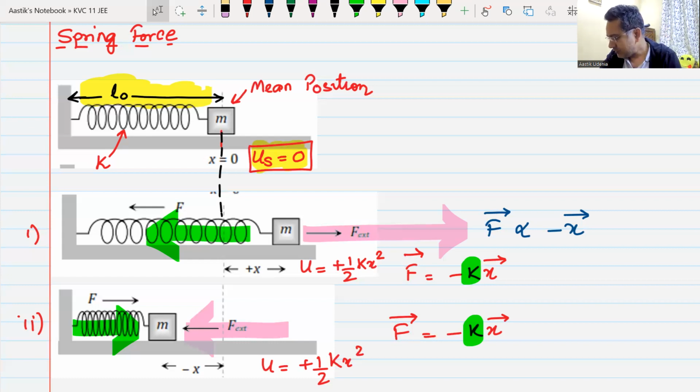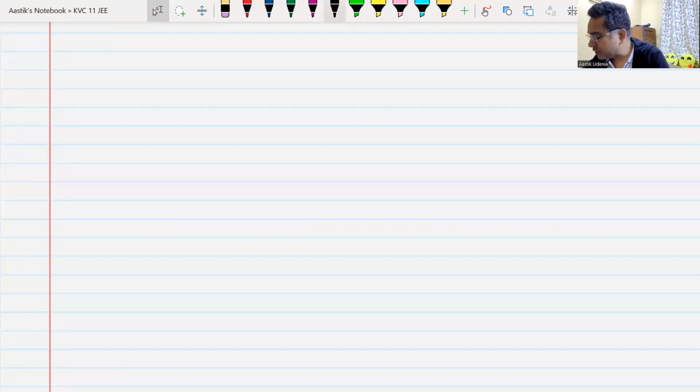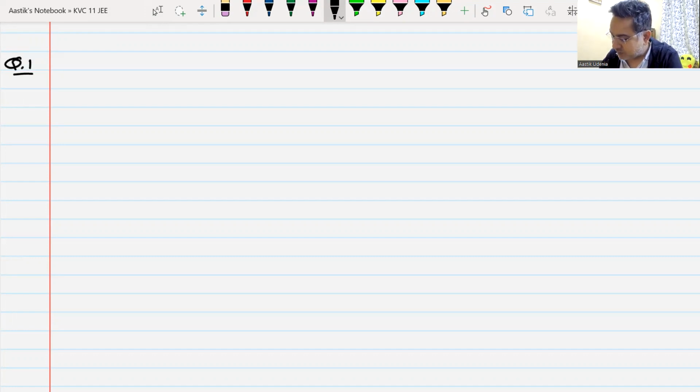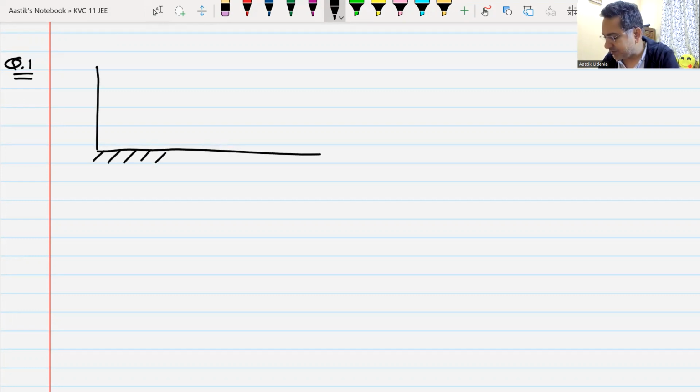Okay, then let us start the day with a problem. The problems we are going to encounter here are pretty simple. They are going to be based on the concept of the spring.